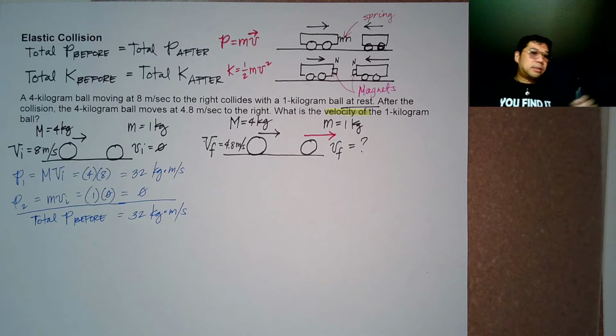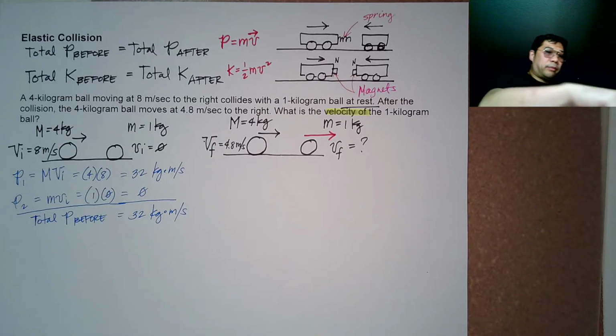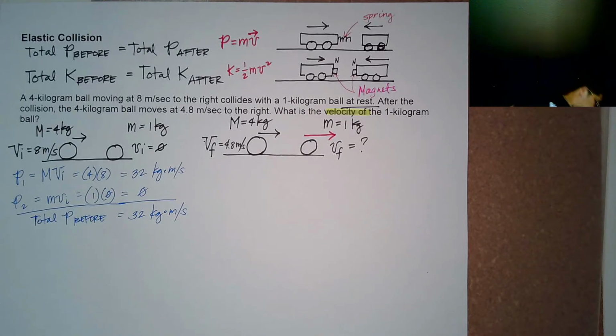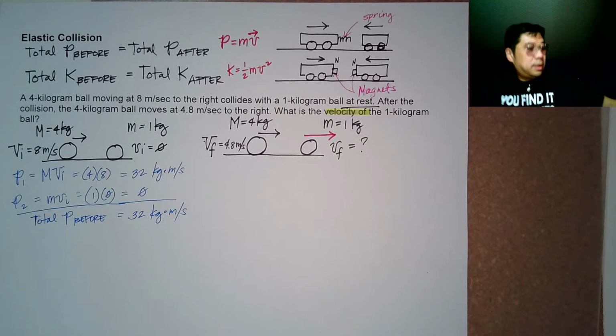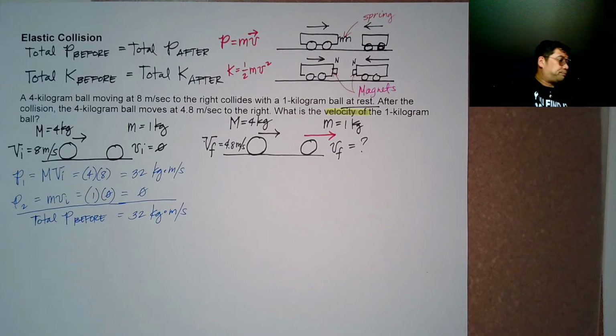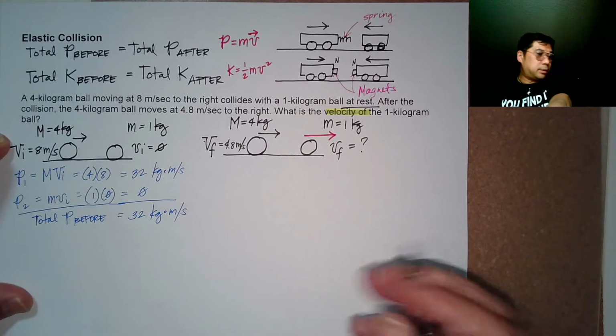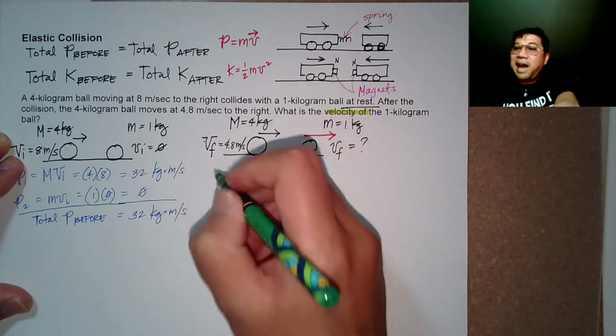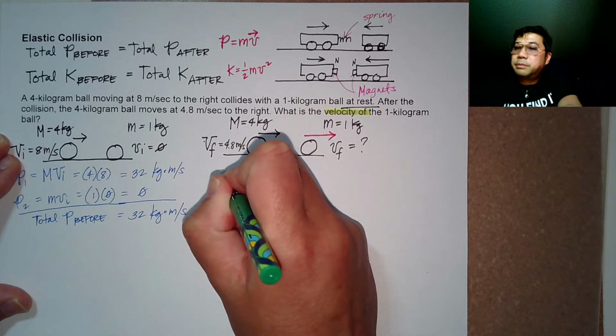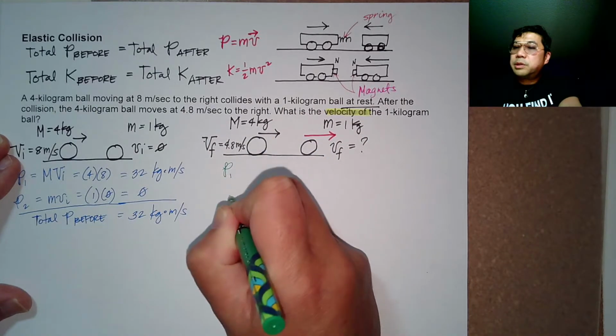So that is the first section, the first condition of the elastic collision. Now in the second condition, let's figure out the velocity after the collision, or the momentum after collision.